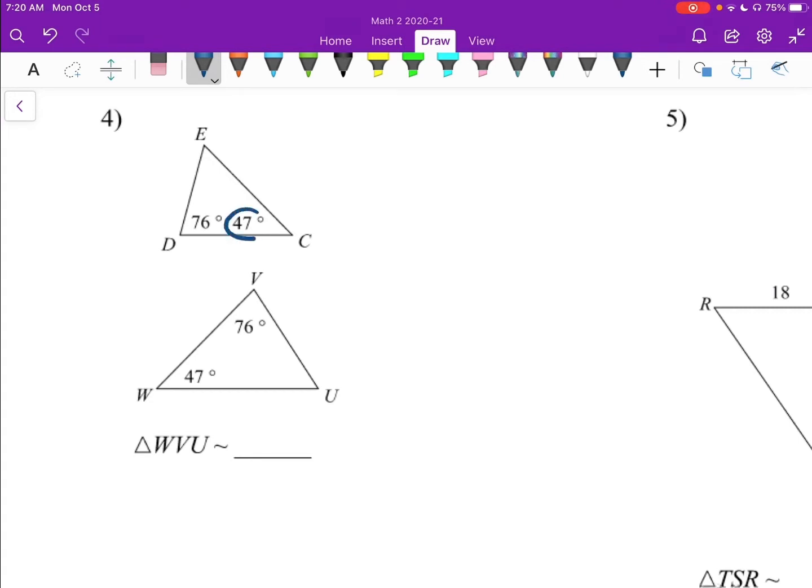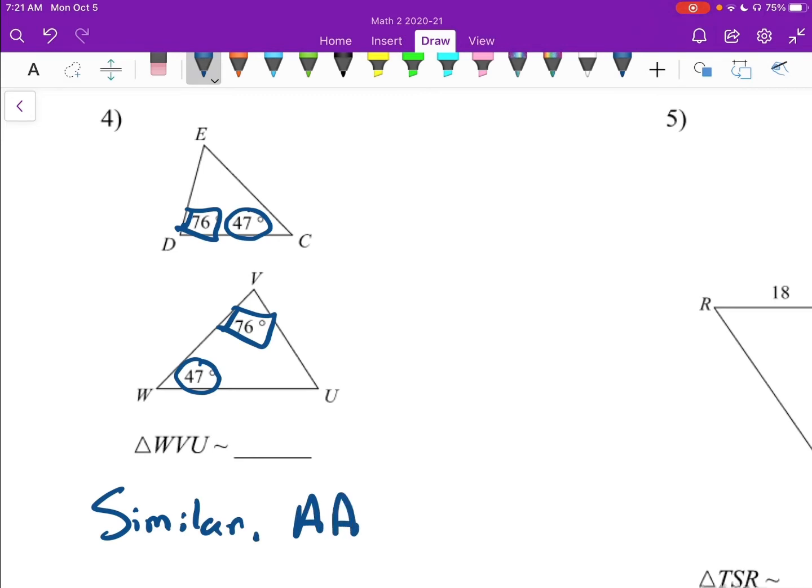So I would normally circle the 47s and then put little boxes around the 76s. That way it kind of helps me in my mind know how to change the triangle, how I have to kind of rotate it there, and then I can kind of see how they would line up. So we do have two pair of congruent angles so that it is similar by angle, angle.